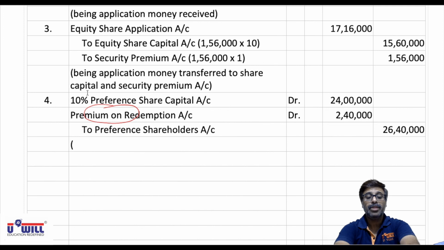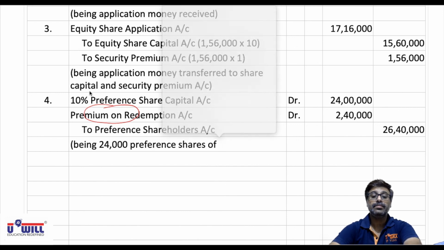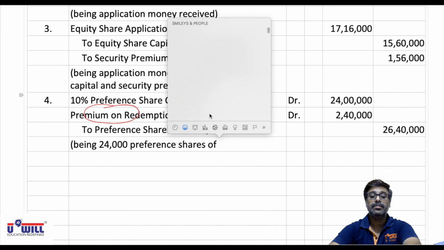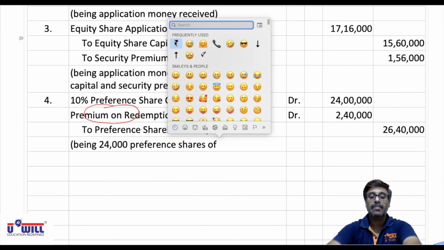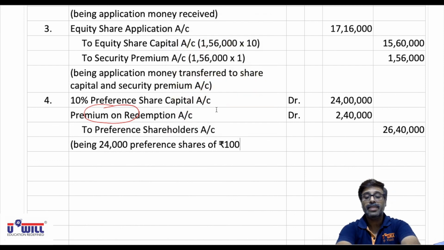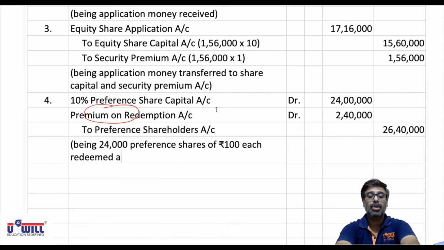Being 24,000 preference shares of rupees 100 each, redeemed at premium of 10%.